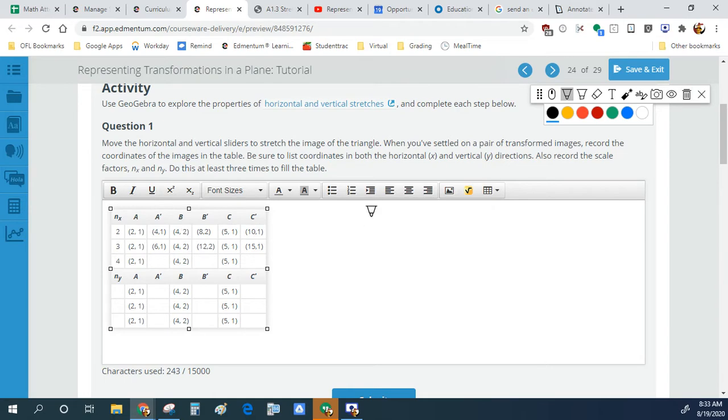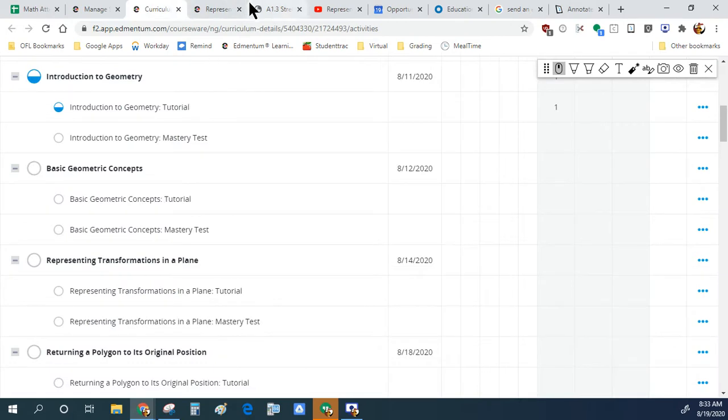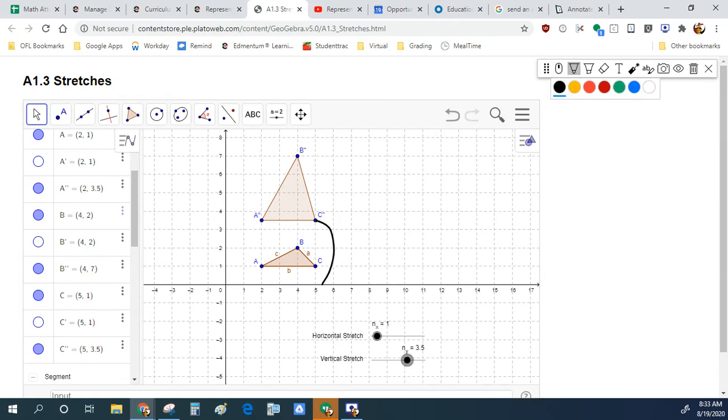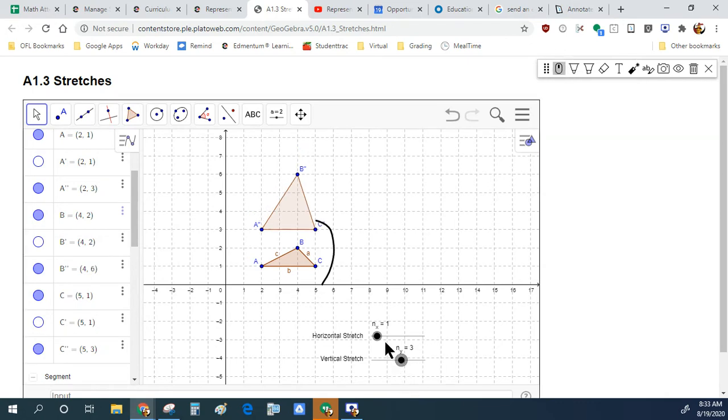Now that being said, when we're doing our vertical stretch, when you're doing this exercise, you want to make sure you put your horizontal stretch back at 1, and then you're going to do this. So what's happening here is the distance from the x-axis is starting to increase. So that's what's known as a vertical stretch. So basically, if I were to make both of these numbers match up, go to 3, go to 3.